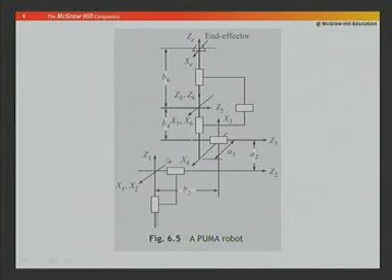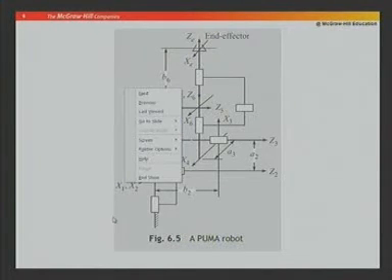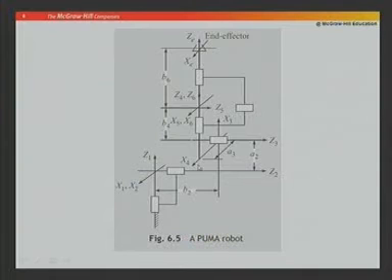So, x 1 and x 2 are on the same line here. Theta 2 minus pi by 2 means x 2 and x 3 are at 90 degrees negative about z 2. So, this is your x 2 here and this is your x 3 here. Okay.